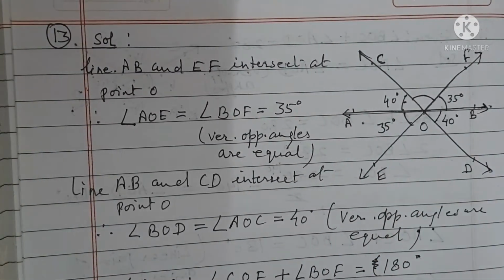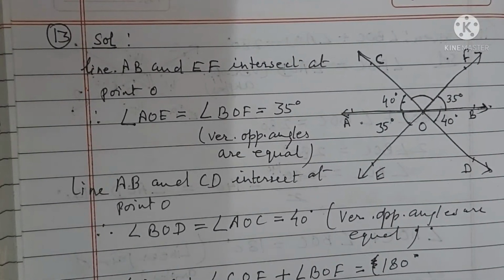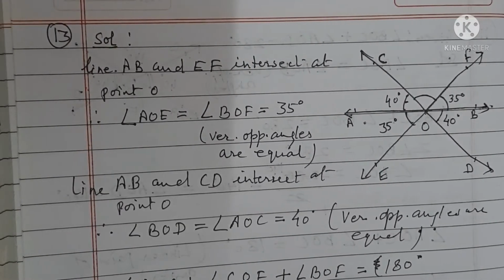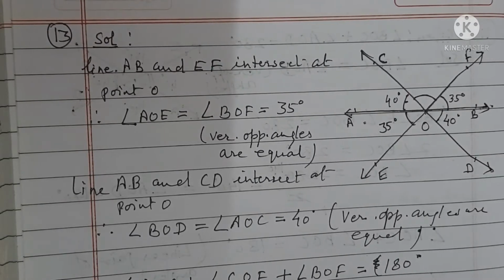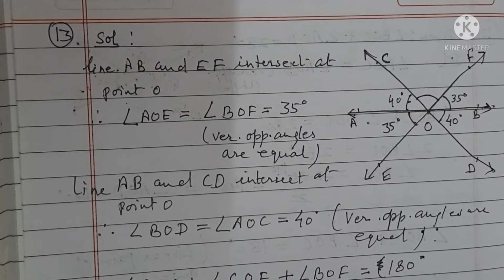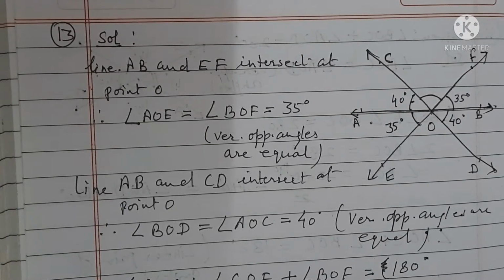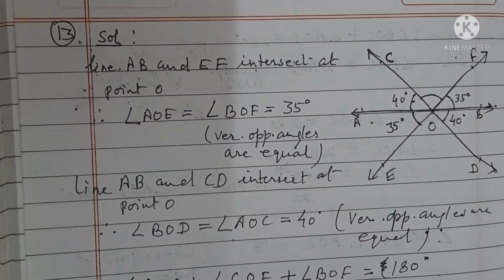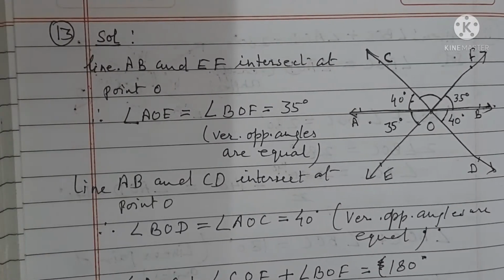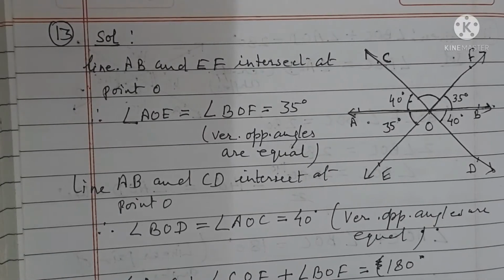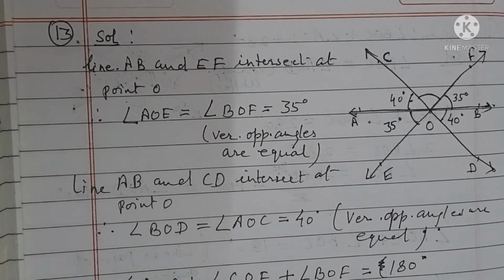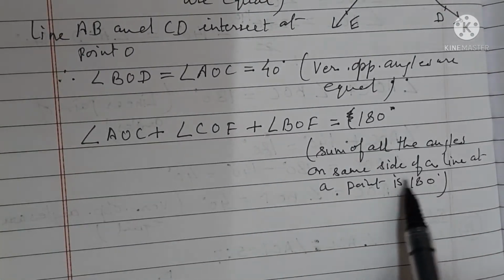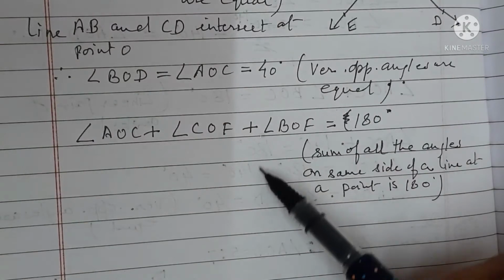Sum of all the angles on the same side of a line at a point is 180 degree. So see again, because the camera has not captured it.